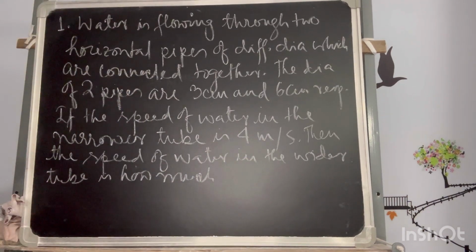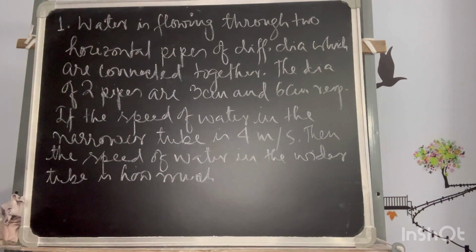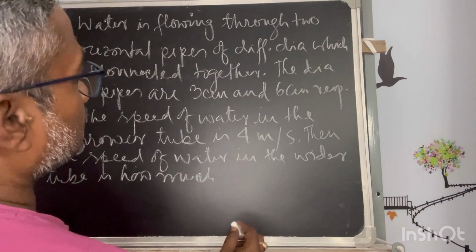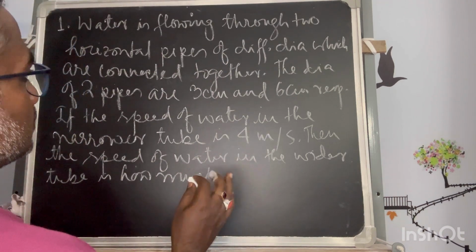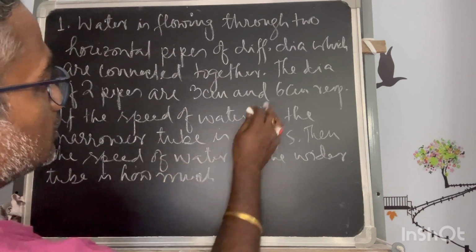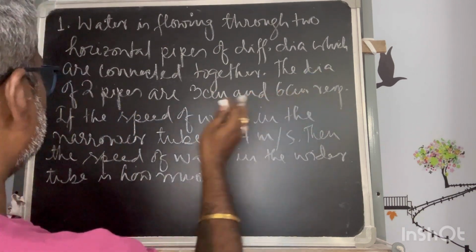Okay, so let me read it out again. Water is flowing through two horizontal pipes of different diameter which are connected together. The diameters of the two pipes are 3 centimeter and 6 centimeter respectively.